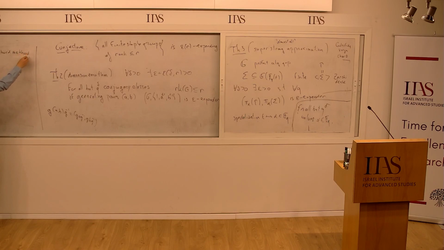And this is a method that was invented in Princeton in 2006 when Alex was leading a program at the Institute on expanders and representation theory. And in this seminal paper, Breuillard showed that they solved the Lubotzky 1, 2, 3 problem.